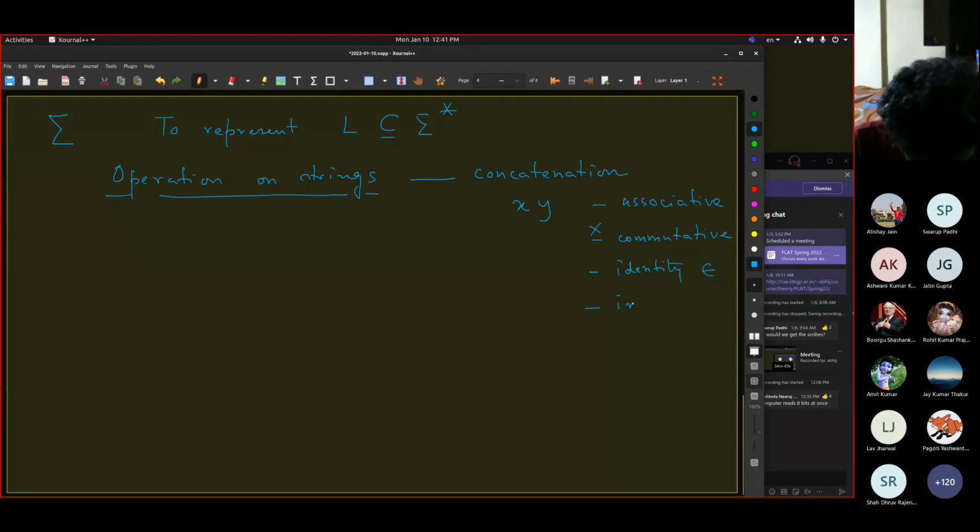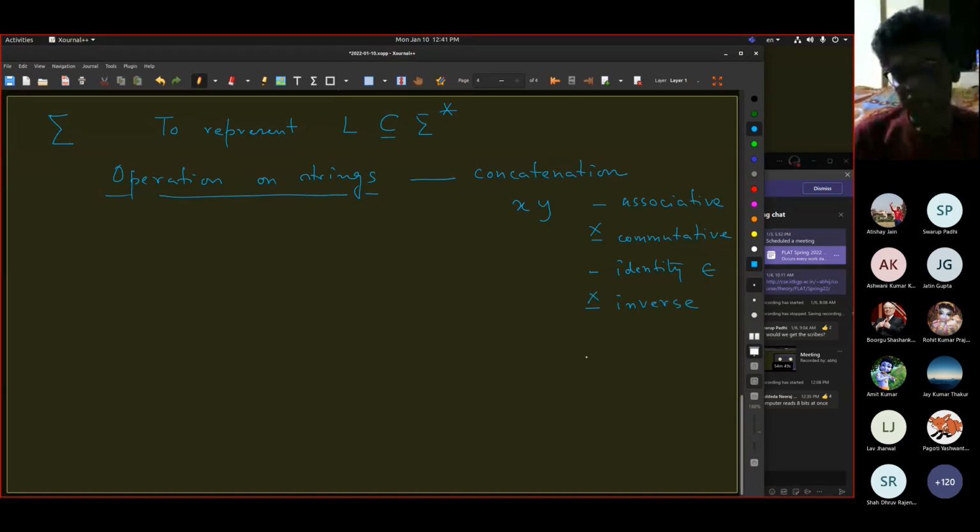Inverse, no. You cannot concatenate two strings and get epsilon, so that is not supported by concatenation. So concatenation is an associative operator with an identity, and an operation which satisfies only this is called a monoid.